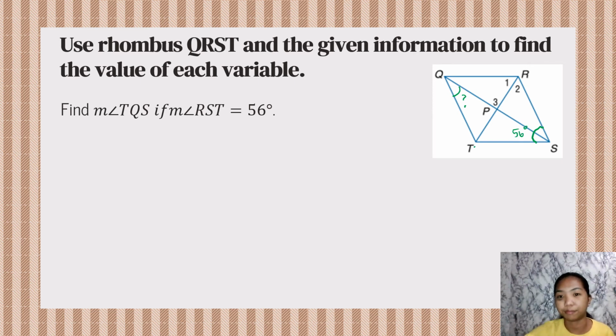Very easy. Why? Because the diagonal bisects an angle. So if this is 56, half of it, 56 divided by 2, is 28 degrees. So our RSQ is 28 degrees, and our QST is equal to 28 degrees.